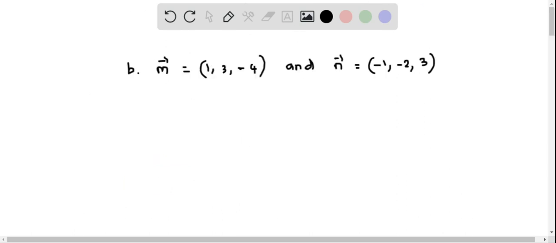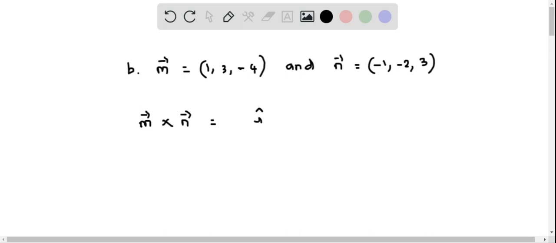Now let's do part B. Here we have the two vectors. m vector equals (1, 3, -4), and n vector equals (-1, -2, 3). So let's find a vector which is perpendicular to both these vectors by taking the cross product of these two vectors. So I write m vector cross product with n vector, and this equals the determinant.